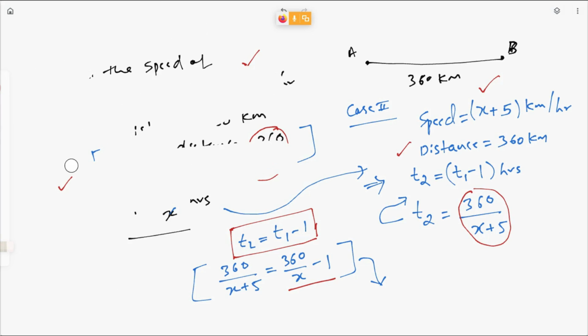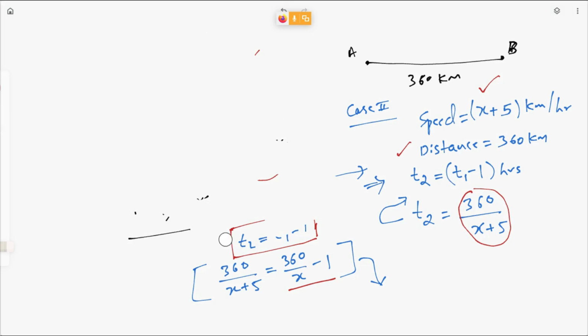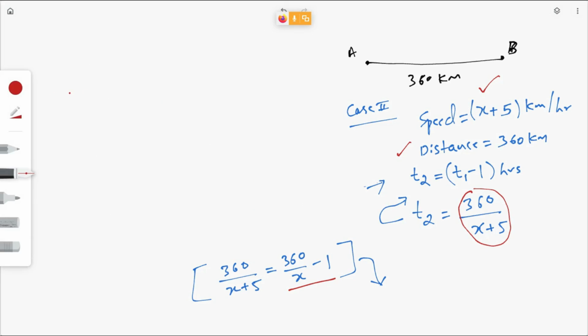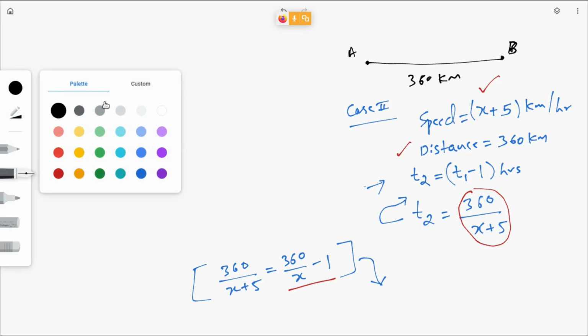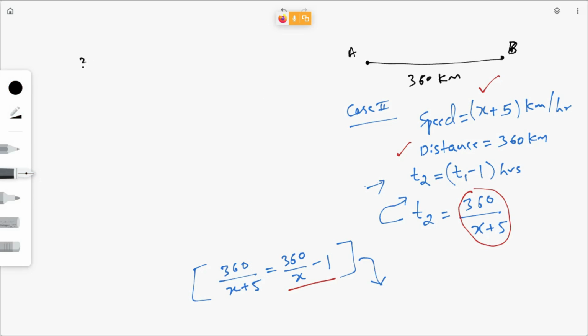Now, you know how to solve this one? Again LCM, let me write it here. 360 divided by x plus 5 minus 360 divided by x is equal to minus 1.